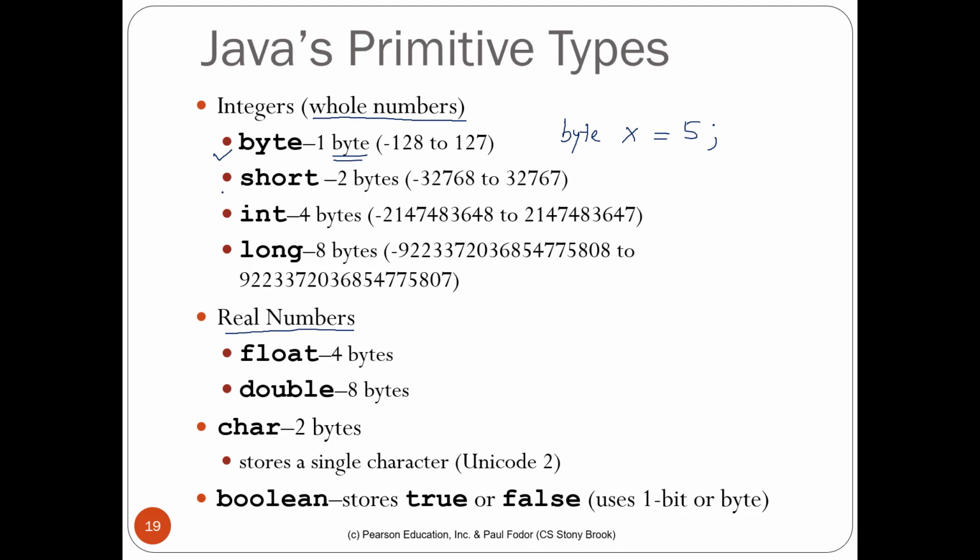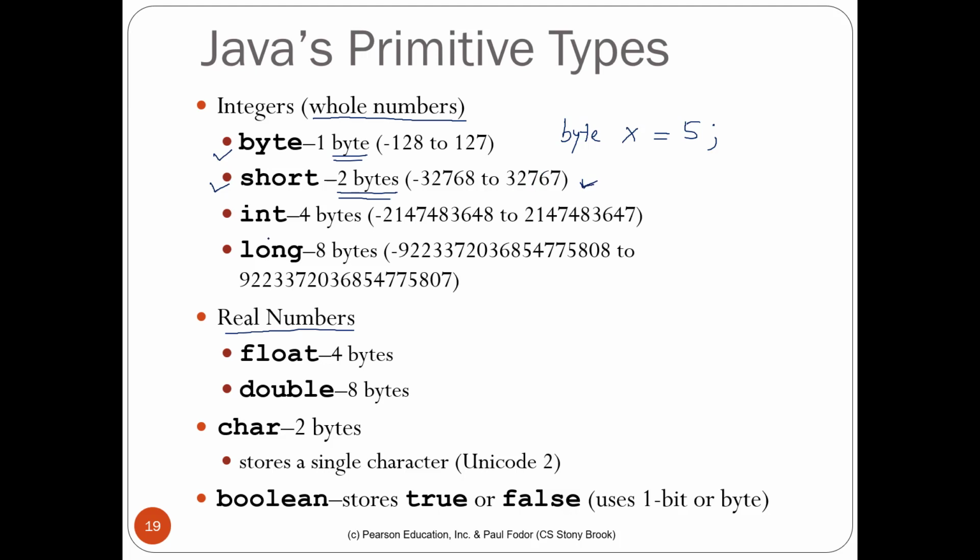Then the next in this sequence is short, and short is 2 bytes. 2 bytes means double the size of a byte, which is 16 bits. You can store integers in this range, which is -32,768 to 32,767.